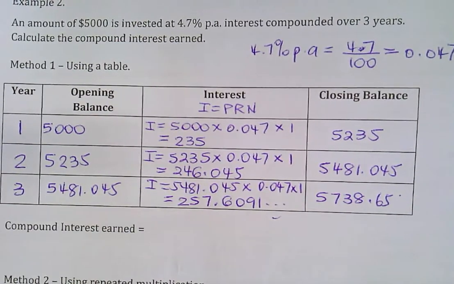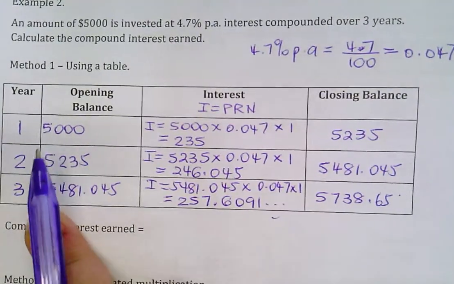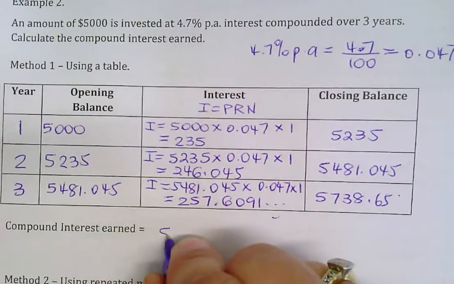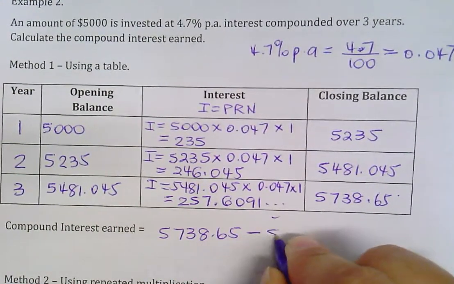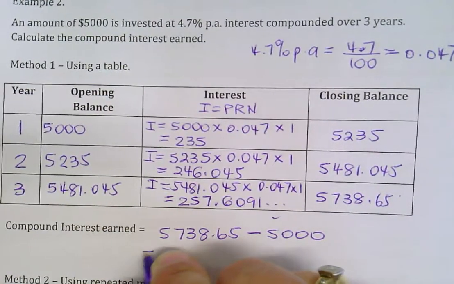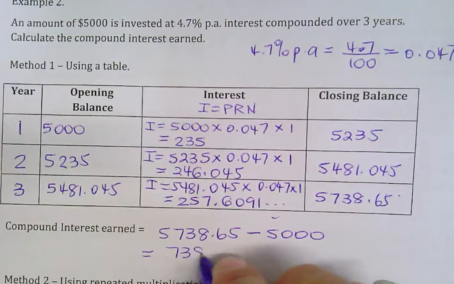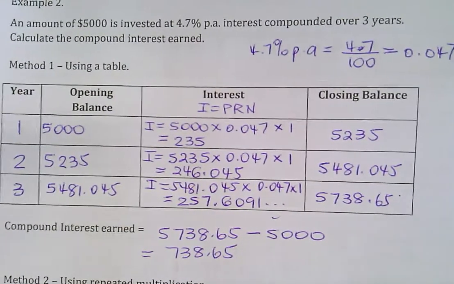I didn't want to round it earlier because I need to use that answer in another calculation. So the compound interest earned is 5,738.65 minus the $5,000, which is $738.65.